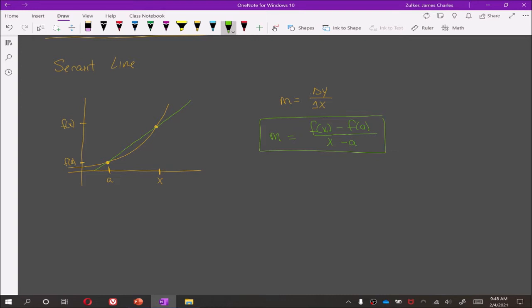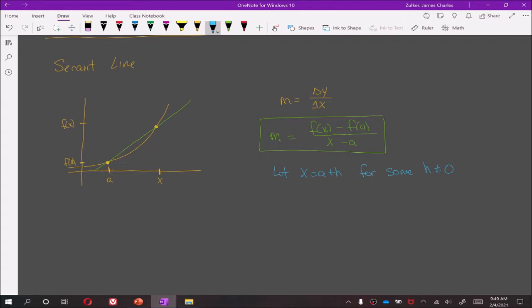Alternatively, if we let x equal a plus h for some h not equal to 0, we call this an incremental change, right? So h represents the incremental change.